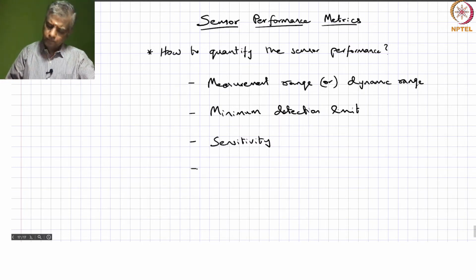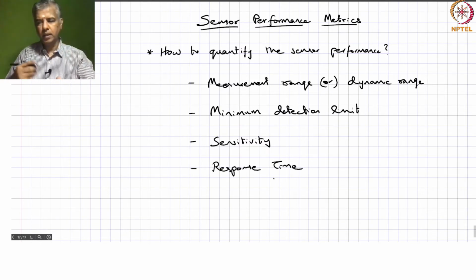And then you have things like response time of the sensor, and more importantly perhaps, because most of these are talking about some deterministic quantities, but there is a certain level of uncertainty involved with any of your measurement.